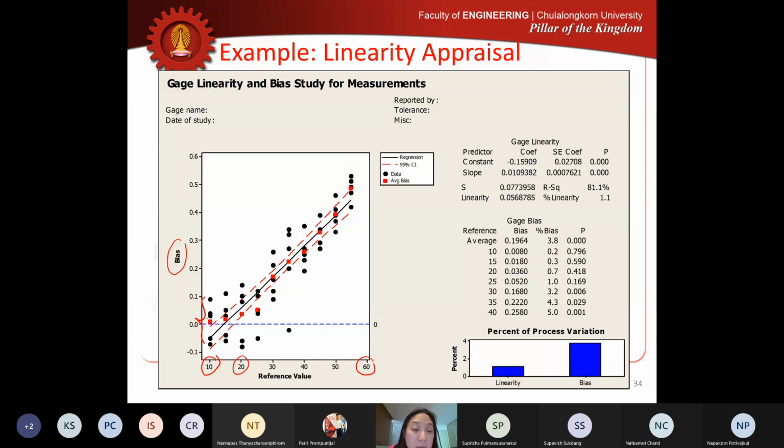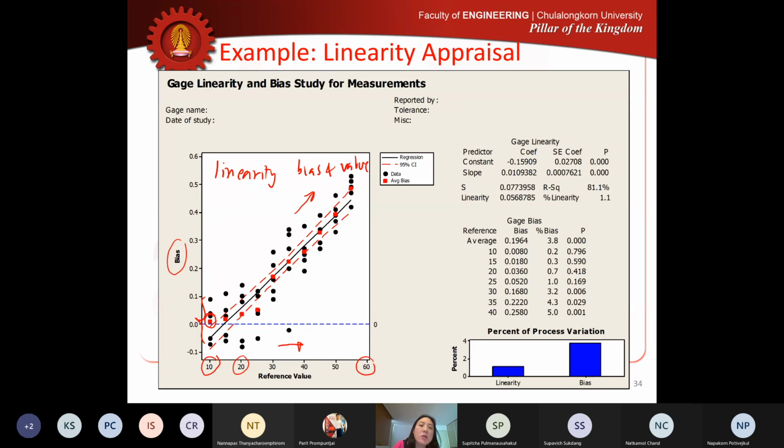And then if you take an average, which is the red dot here, and you plot the bias over reference values, you see that the bias tends to increase when you increase the reference value. That means when you measure a bigger part, the bias tends to be bigger also. That is the linearity relationship between bias and reference value.